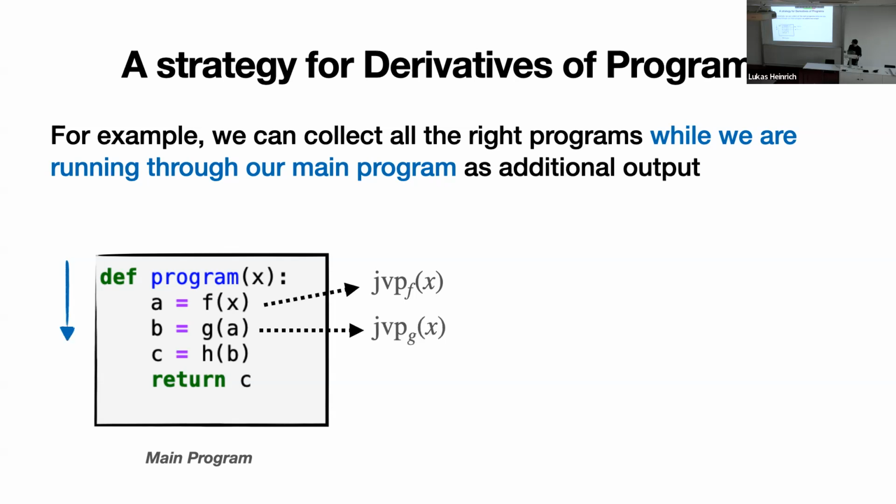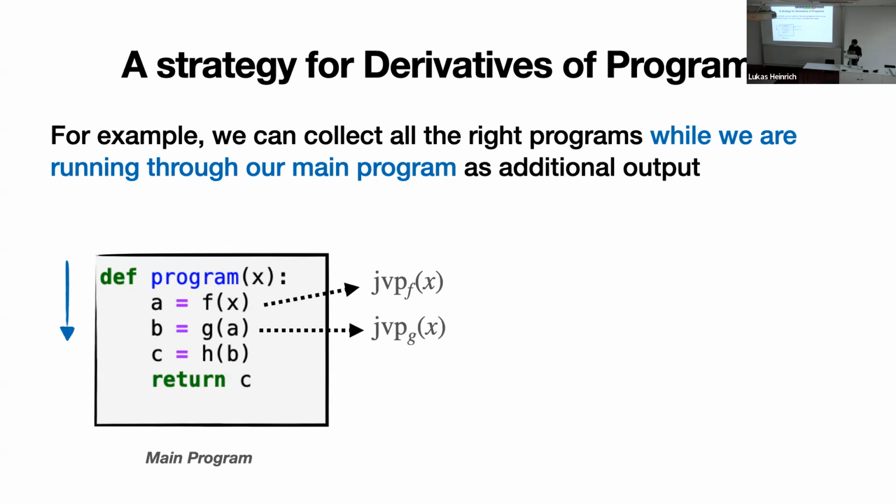Now we compute g of a, so it's a new function, and it produces b, but at the same time it produces an auxiliary function, which is the Jacobian vector product for the transformation g.